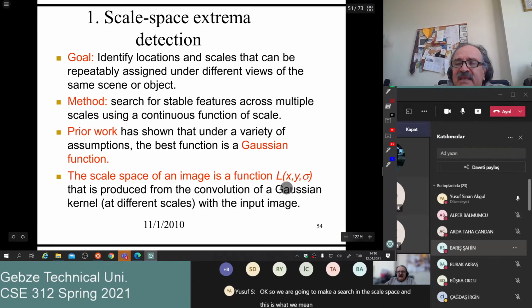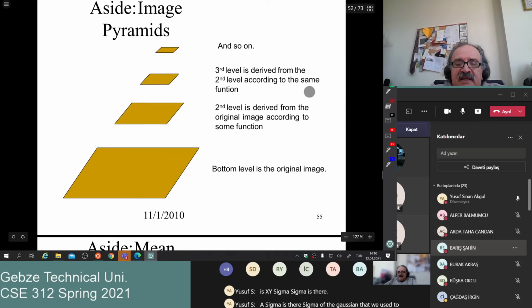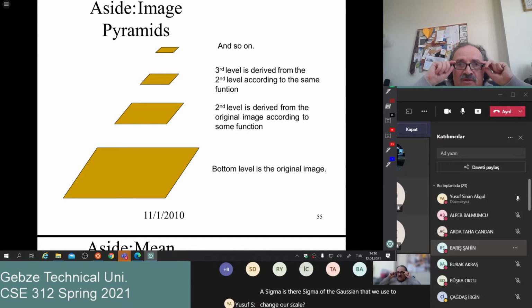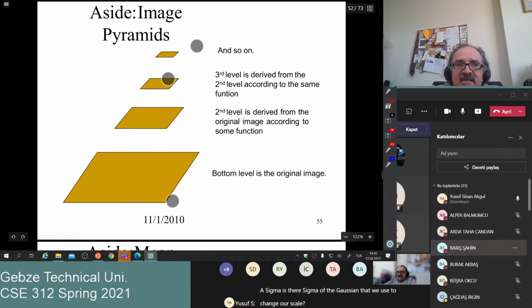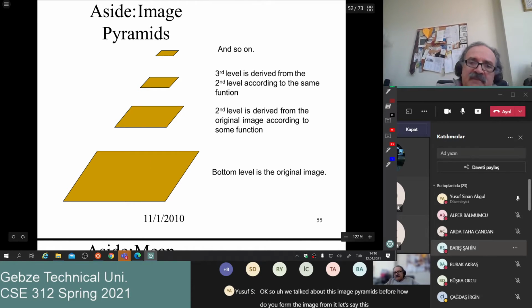Our image is not an XY image anymore. It is XY sigma. Sigma is the sigma of the Gaussian that we use to change our scale. We talked about image pyramids before. How do we form the image pyramid? Let's say this is a 64 by 64 image.